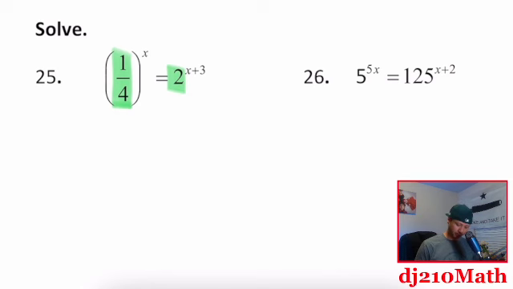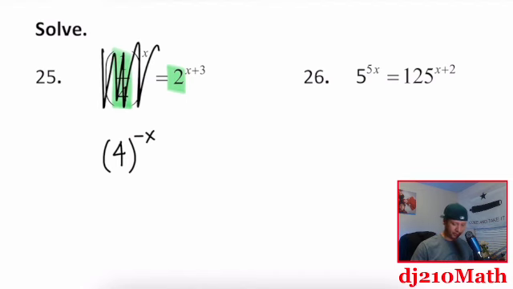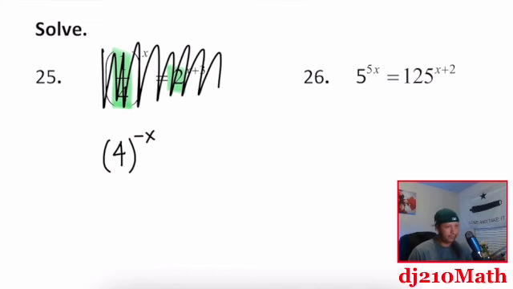So what I'm going to do is I'm going to make the fraction not a fraction. So this is going to be 4, right? I can make it not a fraction by making the exponent negative. You might have to think about that for a little bit. But if you're working backwards, think of it like this. If I had 4 to the negative x power, we don't like negative exponents.